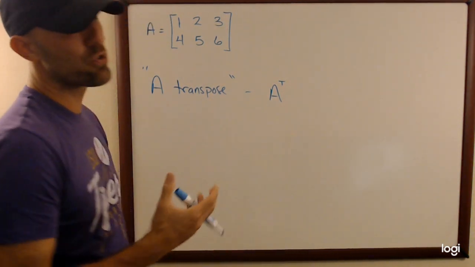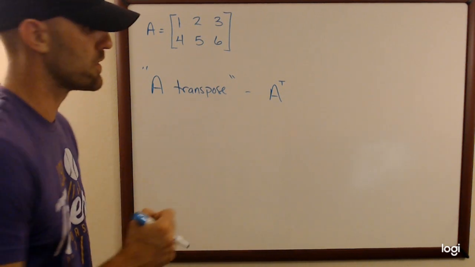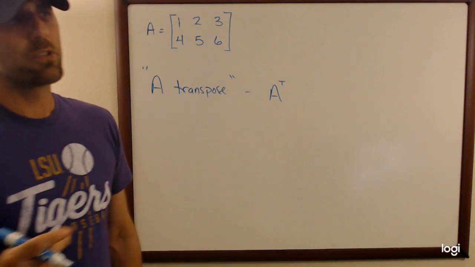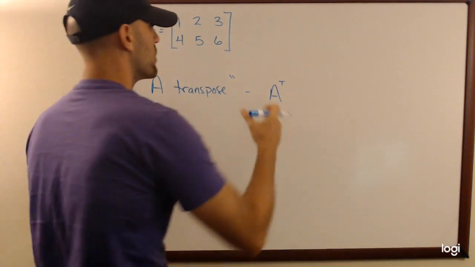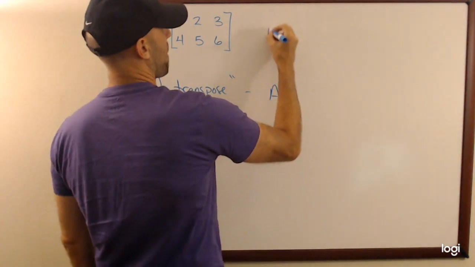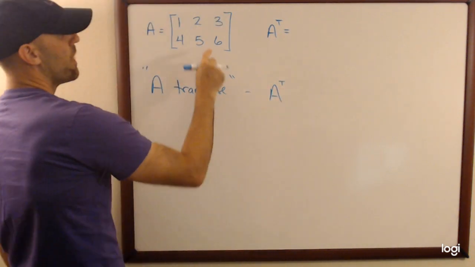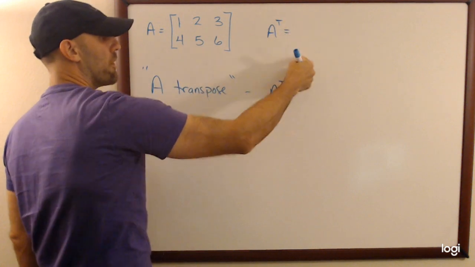So what does the transpose do? Let me give you the intuitive version first. The transpose swaps the columns and the rows. So let me work this one out here. A transpose. The first row will become the first column.